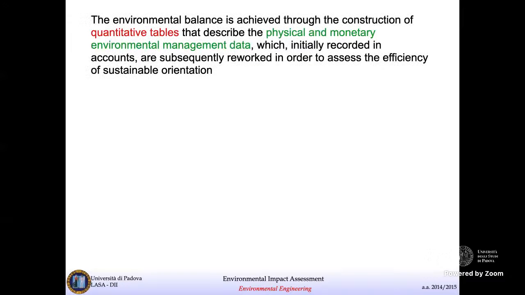The environmental balance is achieved through the construction of quantitative tables that describe the physical and monetary environmental management data, which, initially recorded in accounts, are subsequently reworked in order to assess the efficiency or the sustainable orientation of the company.